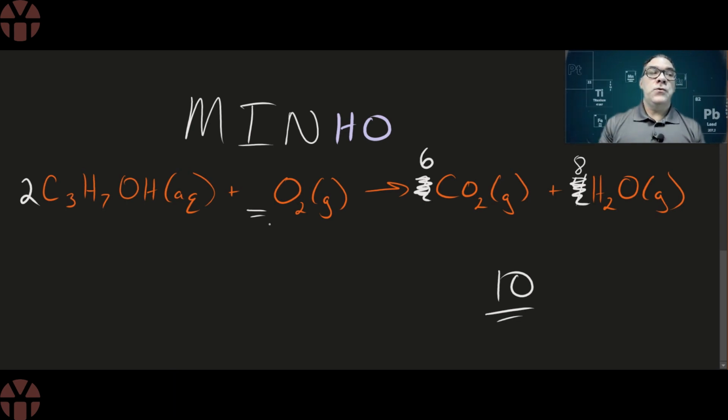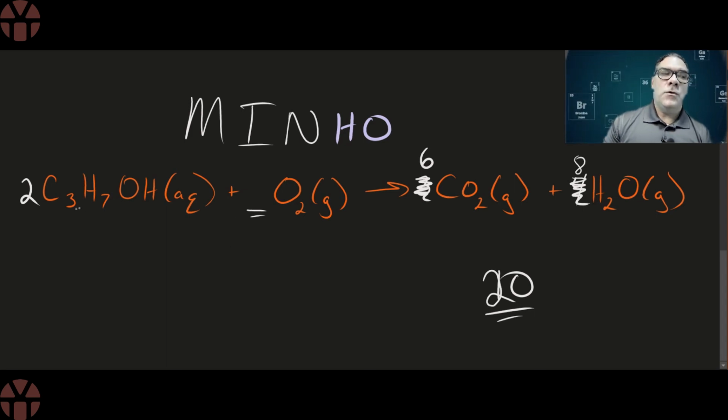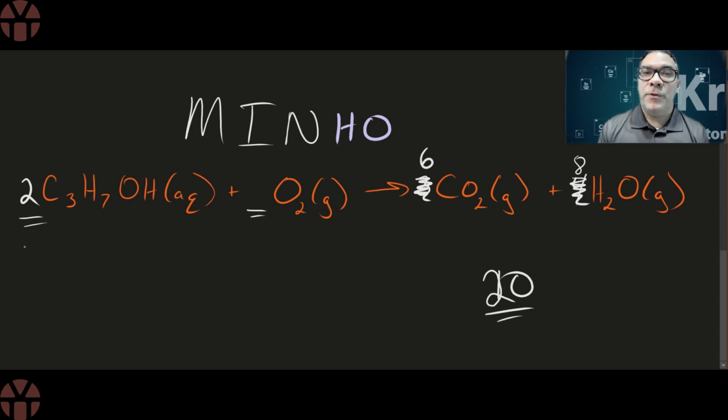And so let's figure out real quick, how many oxygens do I now have on the right-hand side? 6 times 2 is 12. 12 plus 8 is 20. No surprise, I basically just doubled the amount that I had on the right. But now notice, because I put this 2 here in front of the propanol, I've now made this an even value.